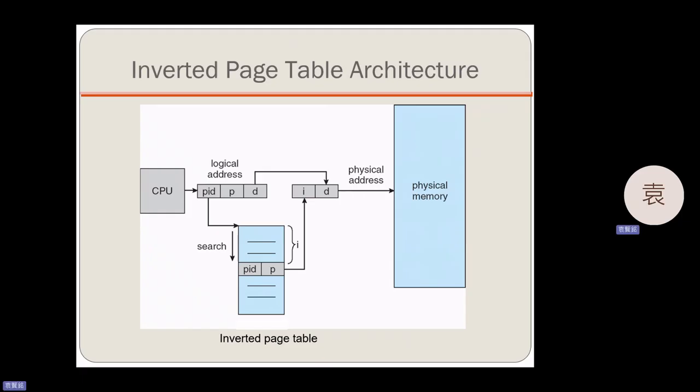Because the size of the inverted page table is fixed, it can be located in a fixed location in the operating system's memory. To make the search faster, either the TLB can be used for the inverted page table, or otherwise the hash table can be used.